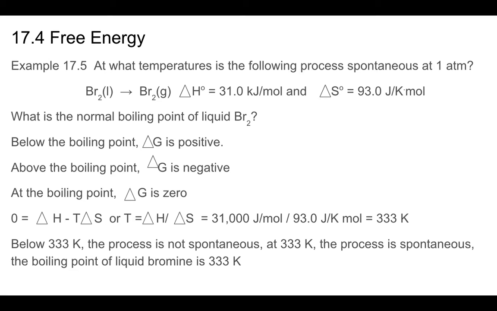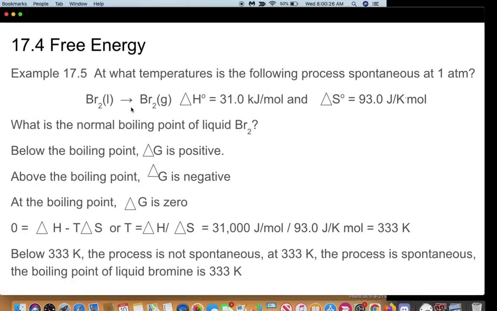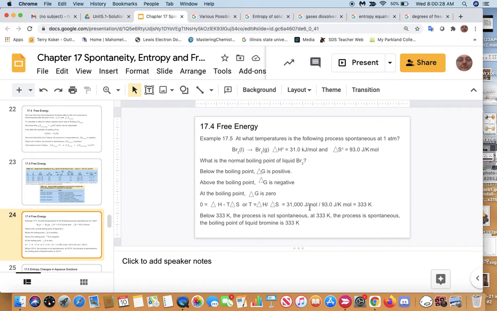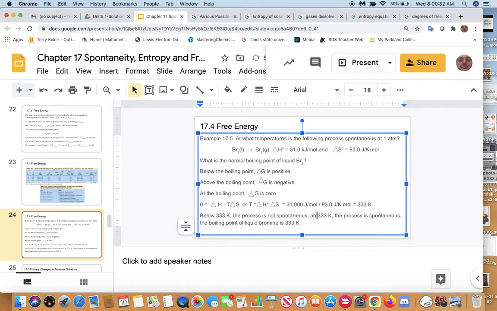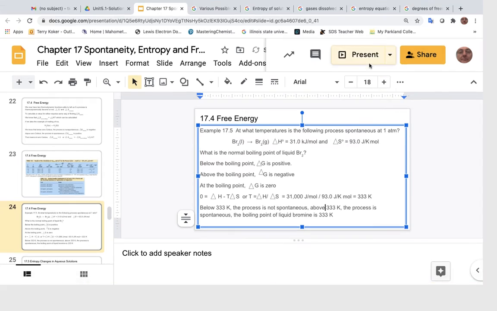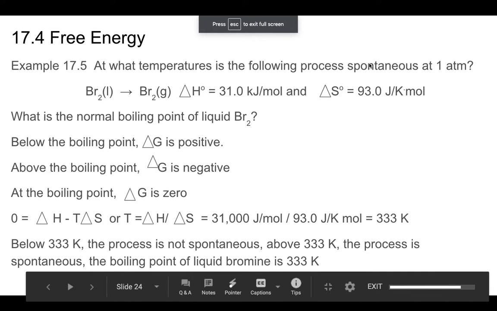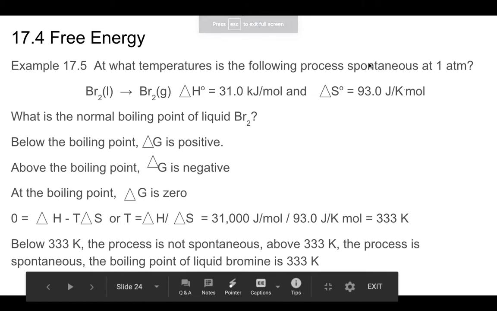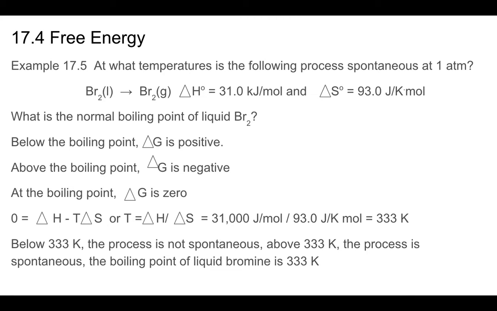Actually, I should say above, let me check that and fix that. We should say above 333 Kelvin, the process is spontaneous because you'll have a negative delta G above 333 Kelvin.